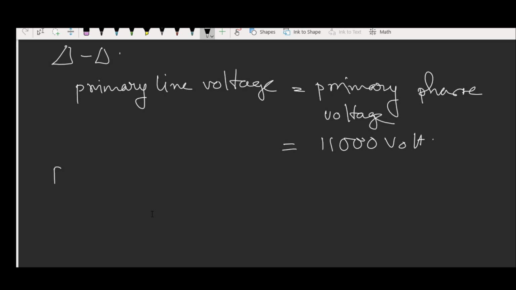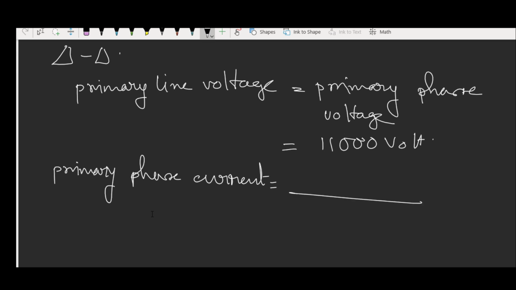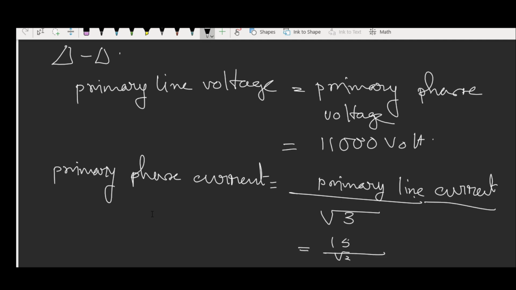Primary phase current: since it is delta connected, you have to divide by root 3, so 15 by root 3 is equal to 8.66 ampere.